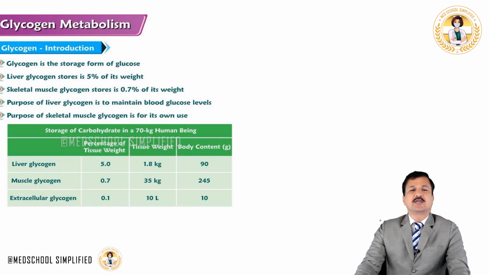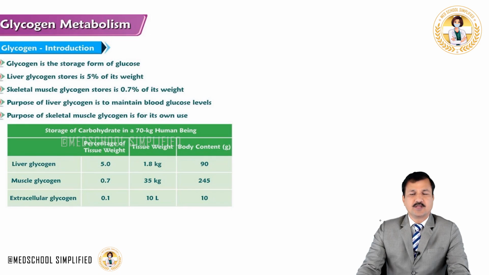This glycogen is stored in the tissue and will be used for energy, or for maintaining blood glucose whenever the person goes into a fasting condition, or whenever the skeletal muscle or tissue needs energy.